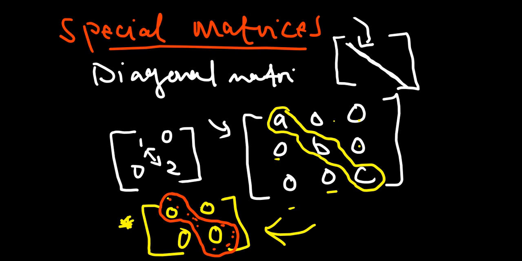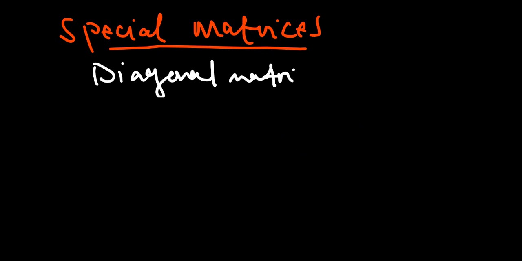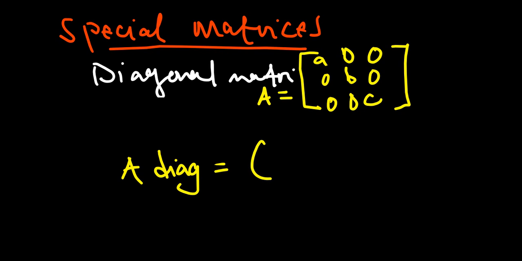Let's say for example we had that matrix that I drew there: A 0 0, 0 B 0, 0 0 C. Let's name this matrix A. You can simply express a diagonal matrix by writing it in this form: A is a diagonal matrix equal to, and then you just write the entries of the main diagonal, A, B, and then C.